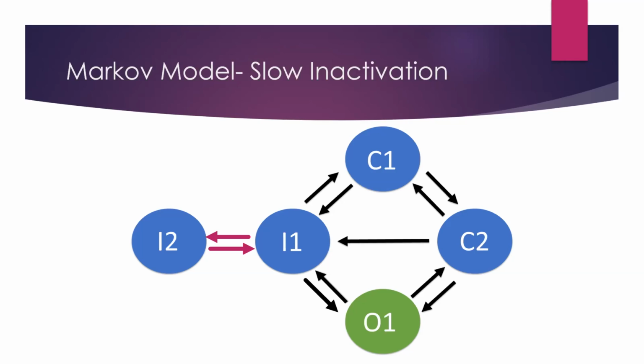The problem we were having is that all of those gates are independent of each other. So when we were trying to implement slow inactivation, we didn't want the channel to go from open or closed straight into a deeper inactivated state. We wanted it to go from inactivated to a deeper inactivated state. So we moved to this Markov model.